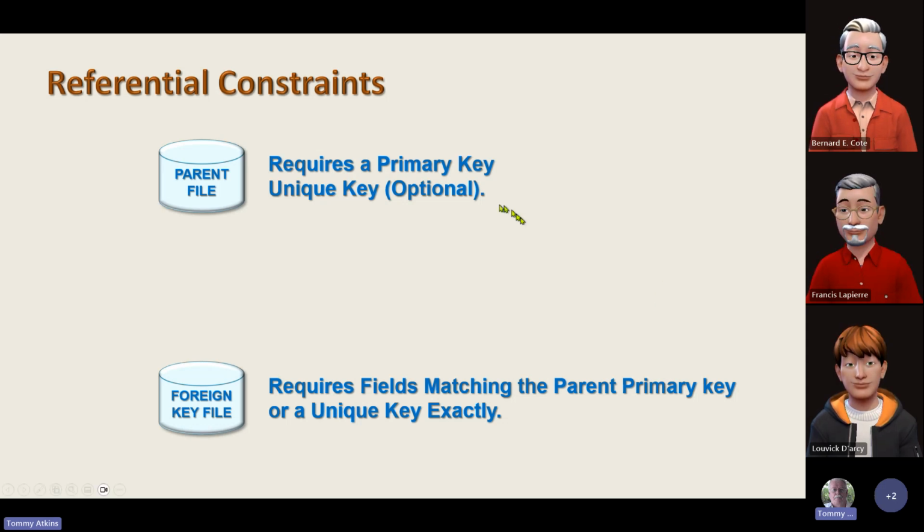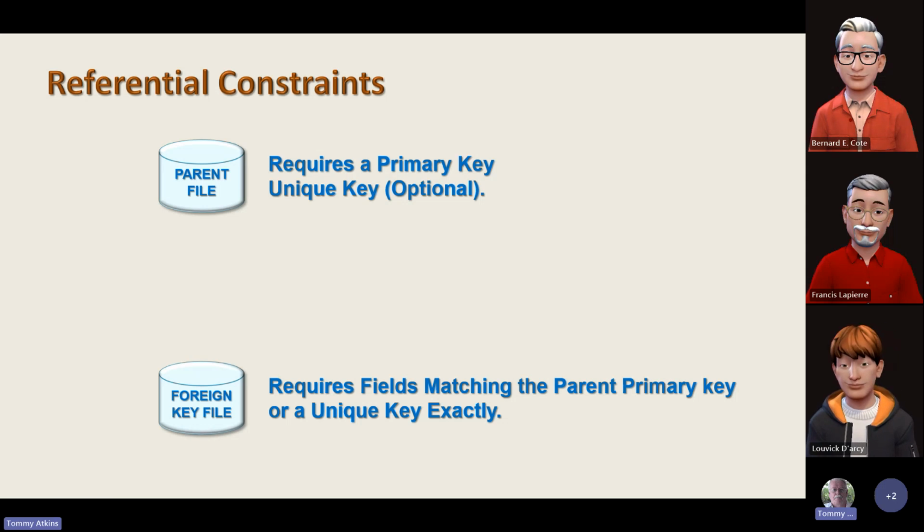So if this parent file has a primary key of staff code, staff number, or whatever you like to call it, and you want to attach one, then there must be a matching field on this file, which matches by attribute and position.